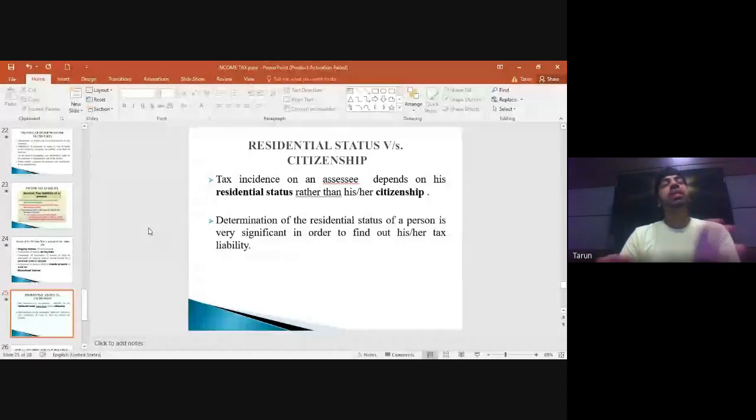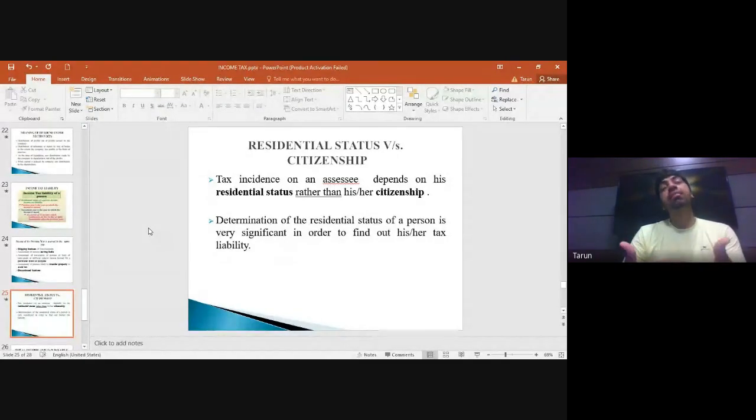So there will be no exemptions given to such candidates who have resided the number of days that has been conditioned during the previous years, and they have fulfilled it. It doesn't mean that their income wouldn't be taxable. Of course, their income would be taxable if they have fulfilled even one condition of residency. So it is very important under income tax.